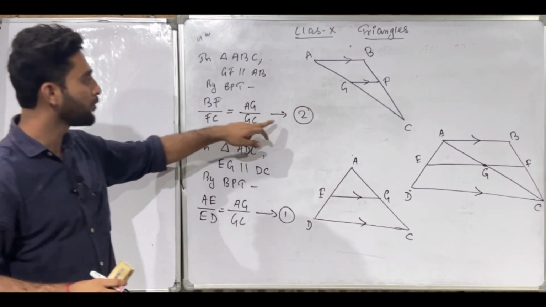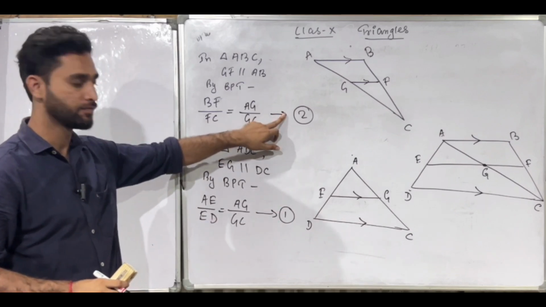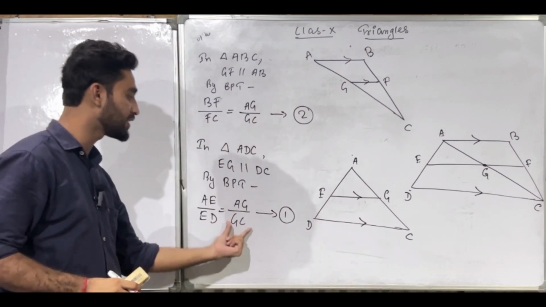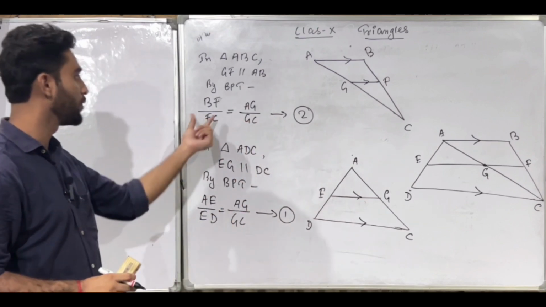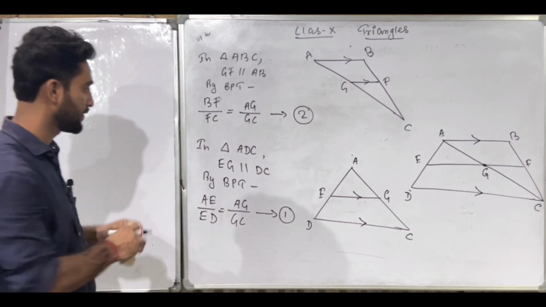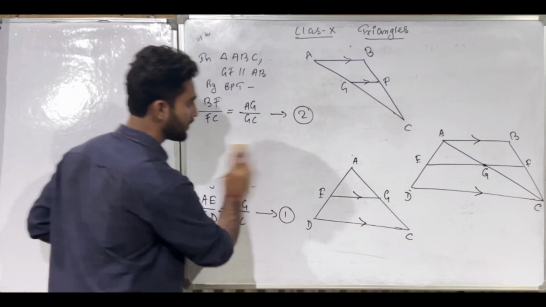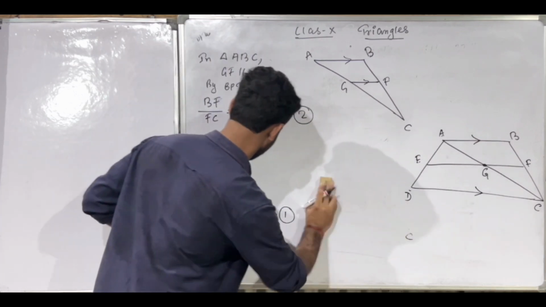Now look at both equation 1 and 2. In both equations, the right hand sides are the same. So if in equations the right hand sides are the same, we can equate the left hand sides.